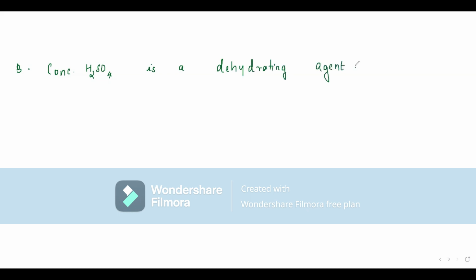Previously, in the HCl chapter, we have studied that concentrated sulfuric acid is a drying agent. Even in 9th standard, you have studied that concentrated sulfuric acid is a drying agent. But here, our focus is on dehydration. Now, what is the difference between drying and dehydration?